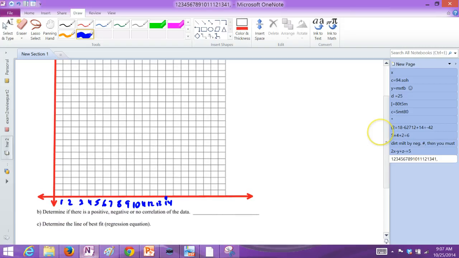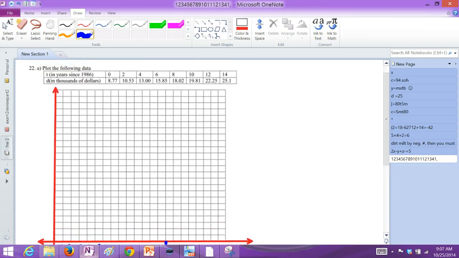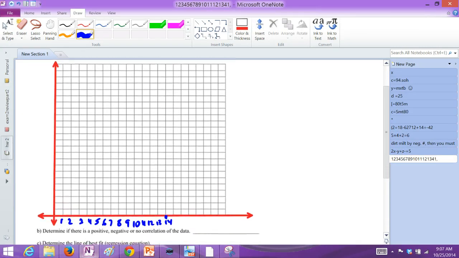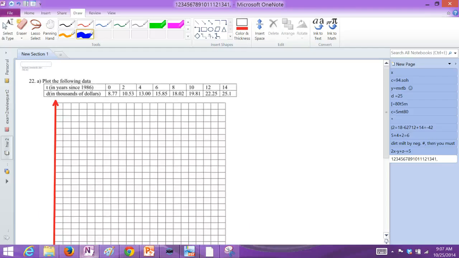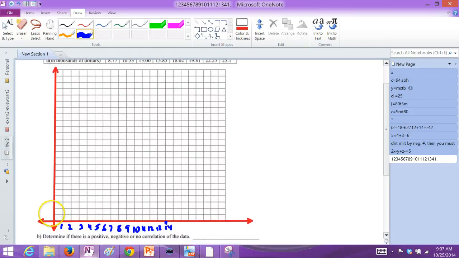So I think there's only 20 squares here. Let's go by 2s. Alright, so that's 10. Let's go by 1s, I mean.